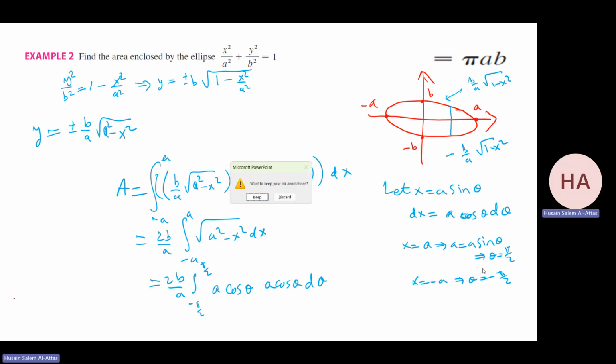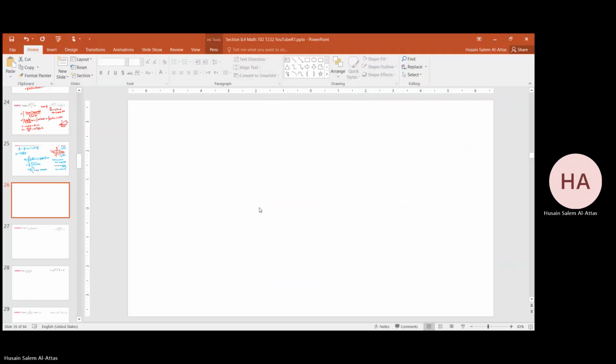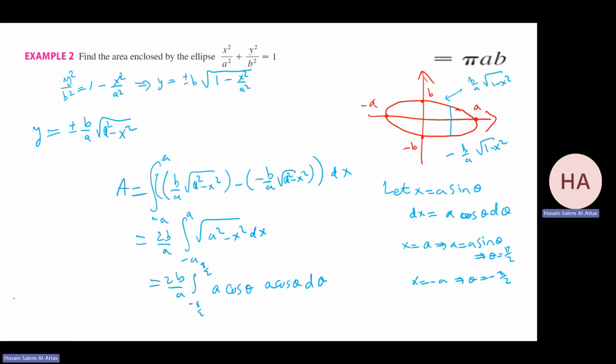So I can take a square outside, and that will be 2ab integral from minus pi over 2 to pi over 2 of cosine square theta d theta.